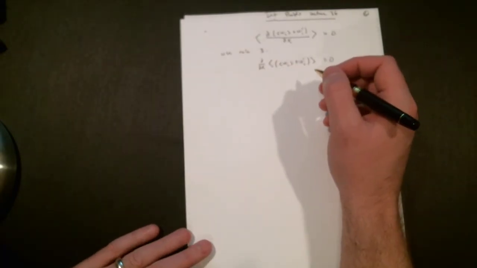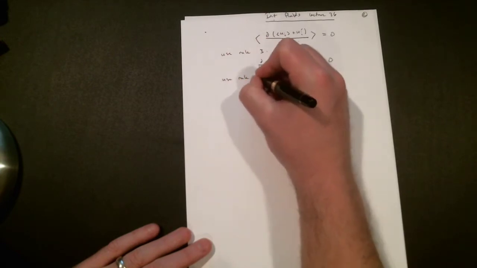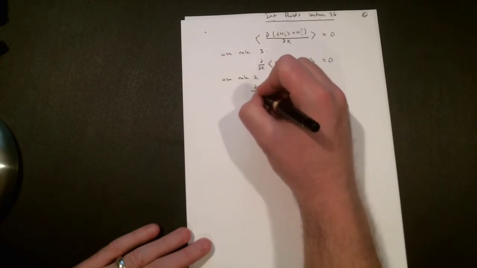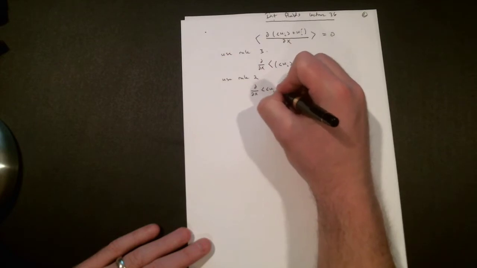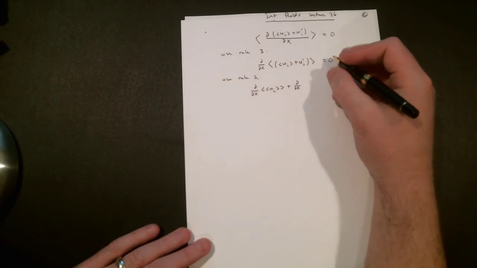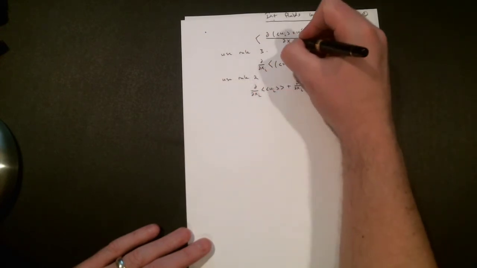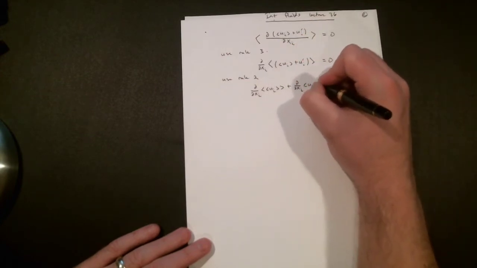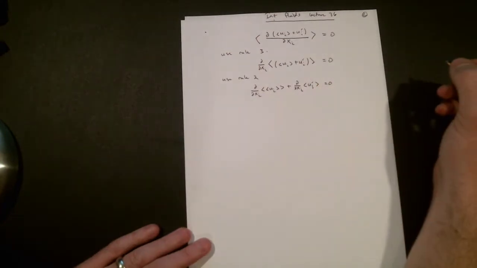So with Rule 2, we can now write this as d/dx of the average of u_i plus d/dx of the average of u_i prime, equal to 0.